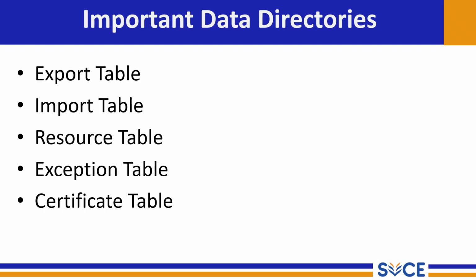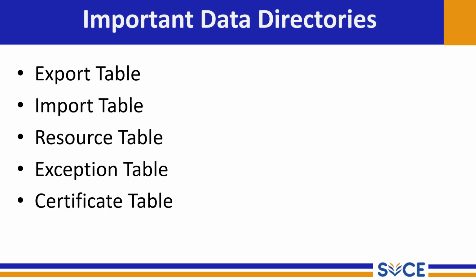Some of the most important data directories include the export directory, import directory, resource directory, and the base relocation table. The export directory contains information about the functions or data exported by the PE file, commonly found in dynamic link libraries. The import directory points to the import address table, which we call the IAT, and it contains details about the DLLs and the functions imported by the PE file.